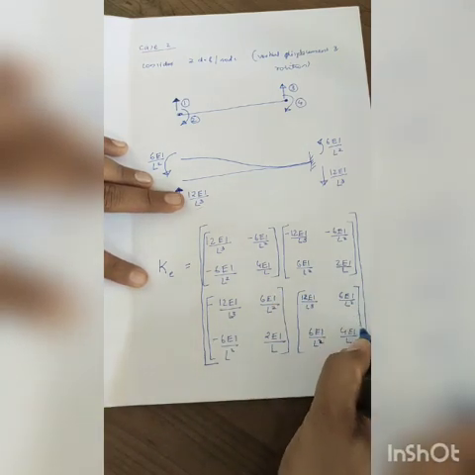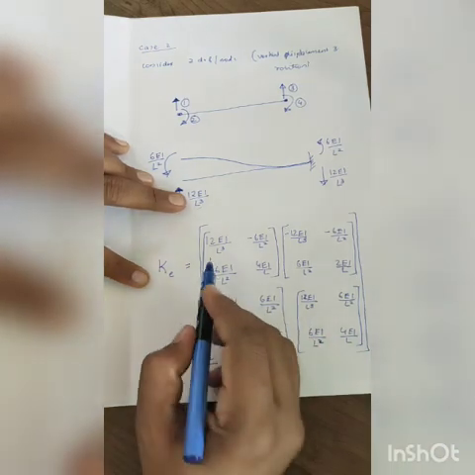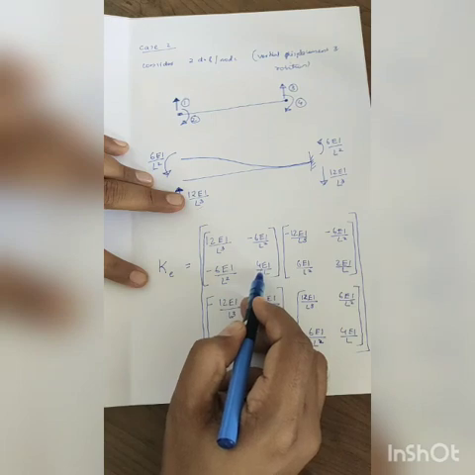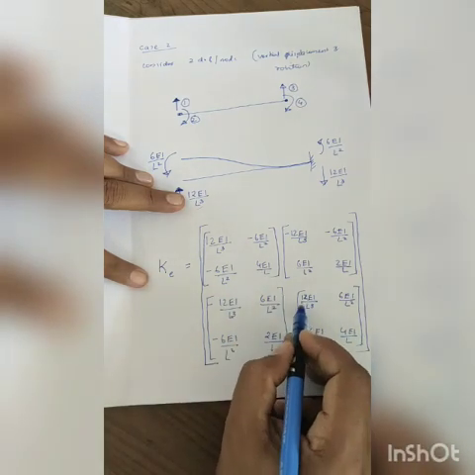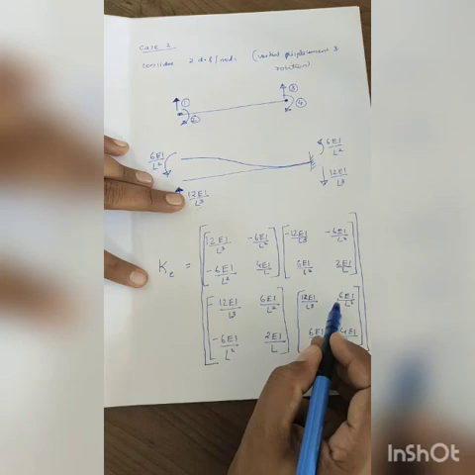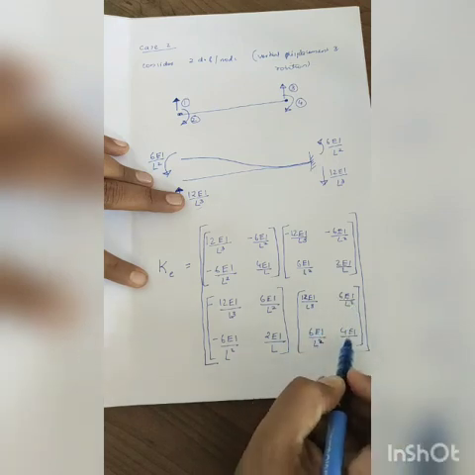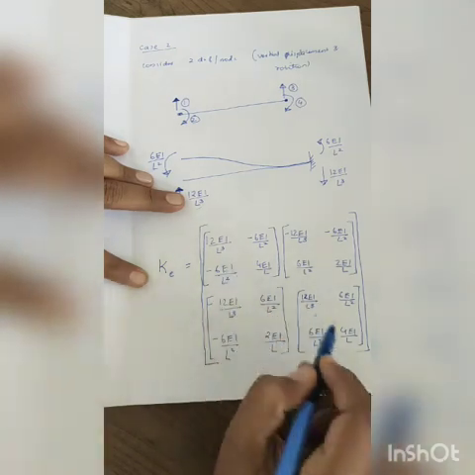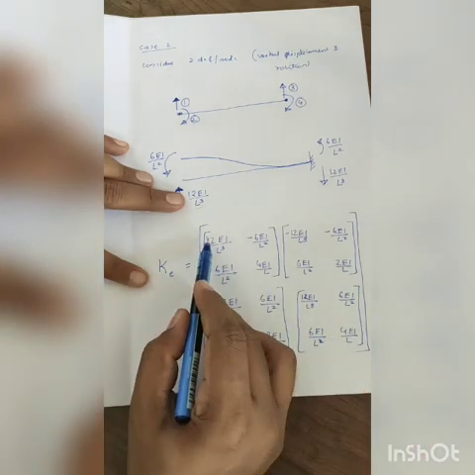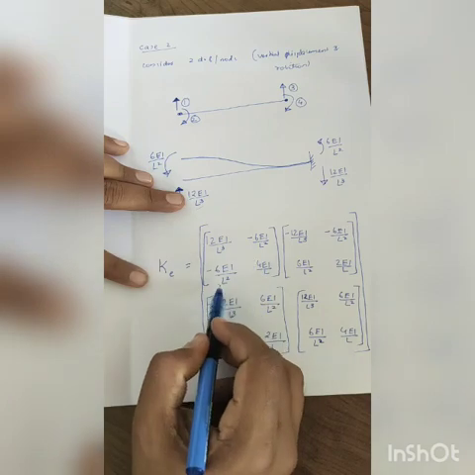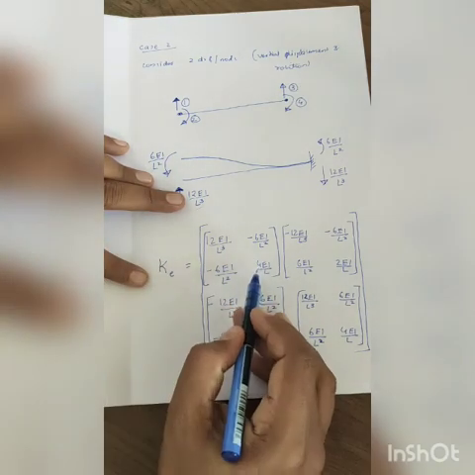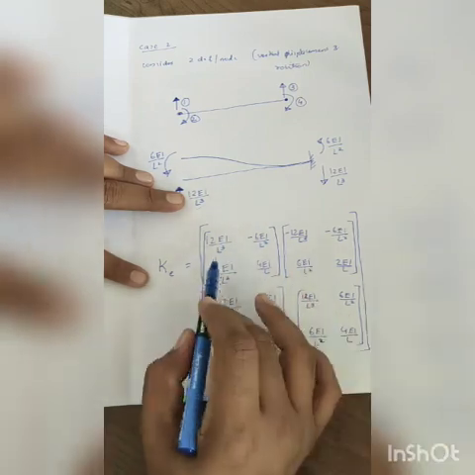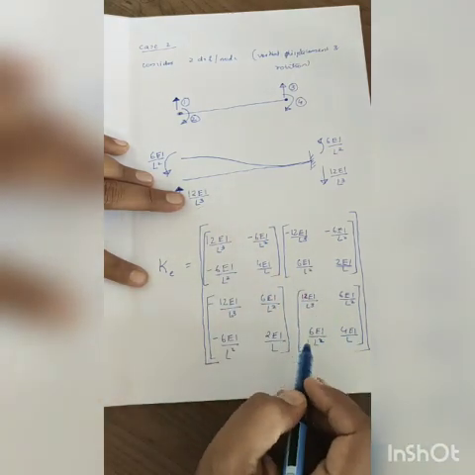If you look at the coefficients, 12EI by L cube, 6EI by L square, 6EI by L square, 4EI by L. Here also the diagonal matrix is again 12EI by L cube, 6EI by L square, 6EI by L square, and 4EI by L. So these 2 diagonal matrices are the same. I am not considering the sign for the time being. First I am trying to look at the magnitude of the coefficients.